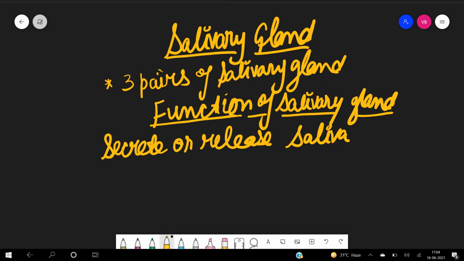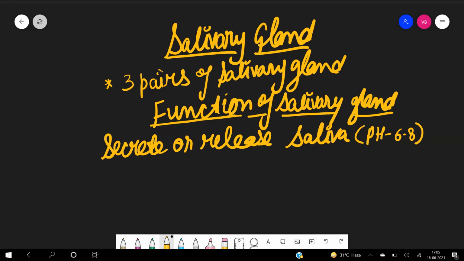Saliva's pH, you know what pH is, the pH value is approximately 6.8. It is slightly acidic. So what is the main function?